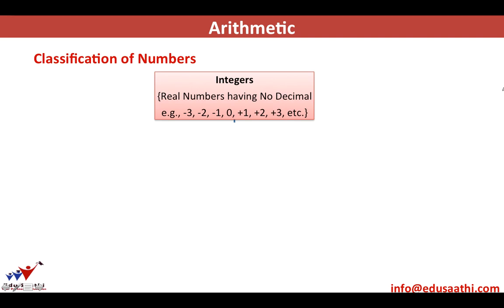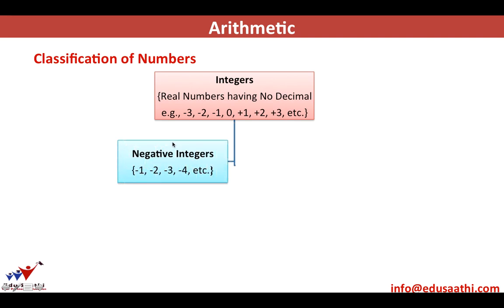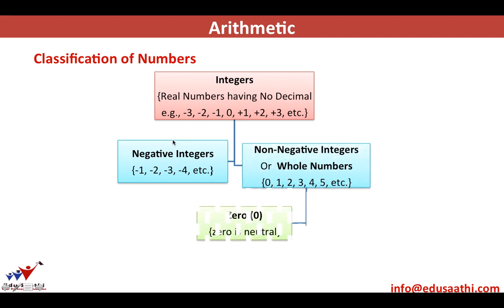Another classification of integers is on the basis of negative, positive, or 0. If I look at it, negative integers start from minus infinity and they go up to minus 1: minus 1, minus 2, minus 3, minus 4. And non-negative integers. Non-negative means 0 or positive.